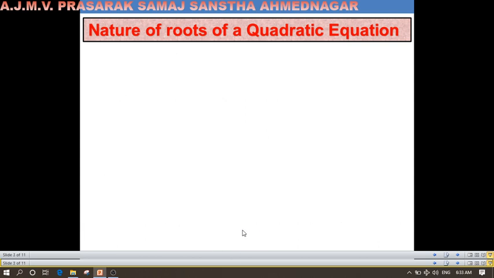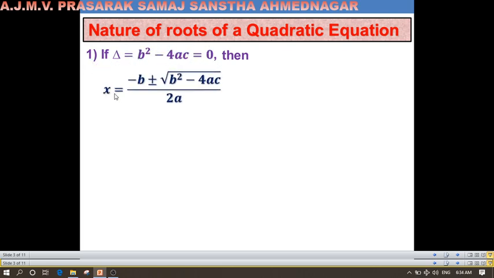See here, first, if delta is equal to b square minus 4ac is equal to 0, that is if discriminant is equal to 0, then the roots x is equal to minus b plus minus root of b square minus 4ac upon 2a by using formula method.